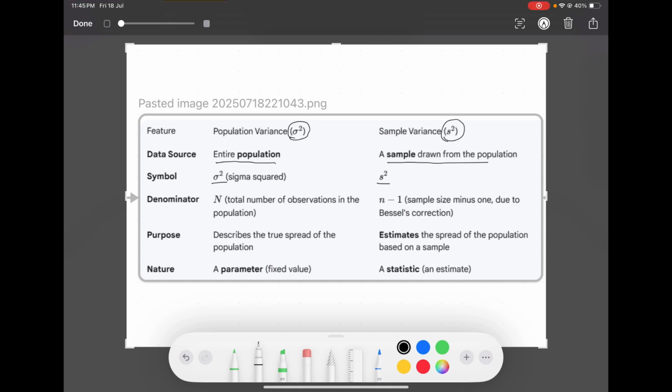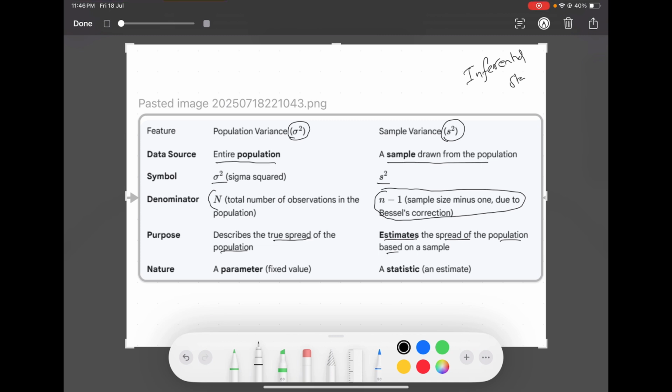The denominator is capital N, and here the denominator, note, is n minus 1, where n is the sample size. What is the purpose of this? It gives the true spread of the population, but here you are making an estimate of the spread of the population. It is only an estimate. We will study that in depth in inferential statistics, which we are going to study after descriptive statistics.